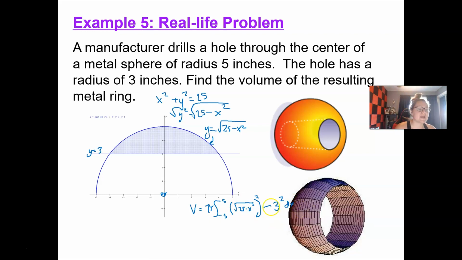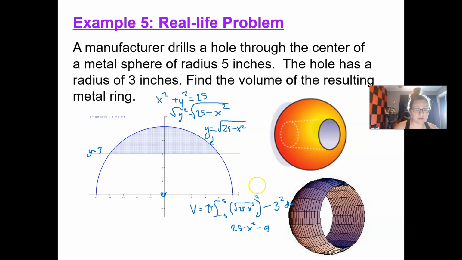Okay, so again, you could simplify this before putting it into your calculator. So right here, the square root and the square cancel. That's my favorite when that happens. So here I have 25 minus x squared, and then minus 3 squared is 9. So notice it's not -3 squared, right? So it's minus 3 squared.